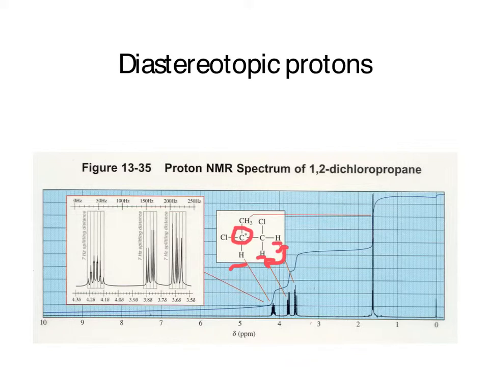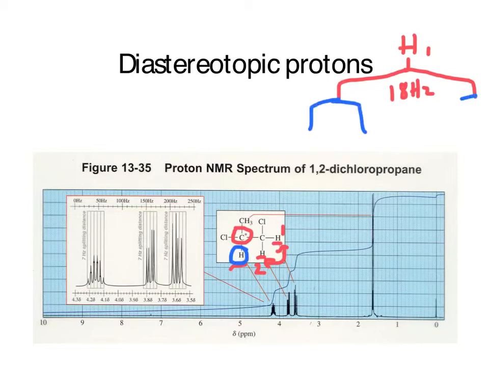So if we label, let's say, this one hydrogen 1, hydrogen 1 is going to couple to hydrogen 2, and it turns out this coupling constant tends to be very large. They can be up around 20 hertz, and so let's say it is 18 hertz. All right, then besides that coupling, it will also couple to the adjacent hydrogen over here. And that's about 7 hertz because that's your alkyl coupling.